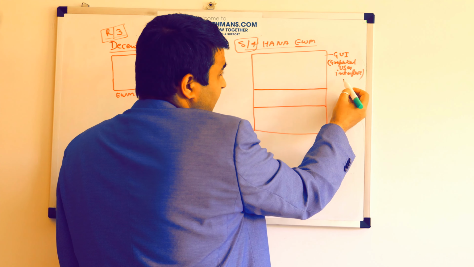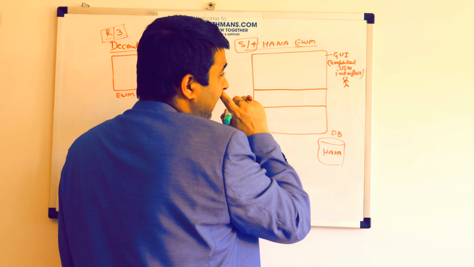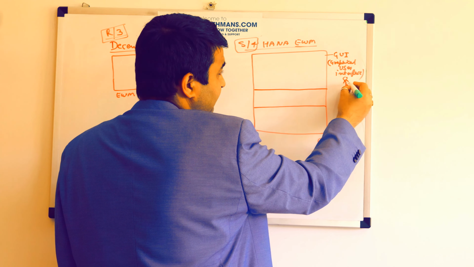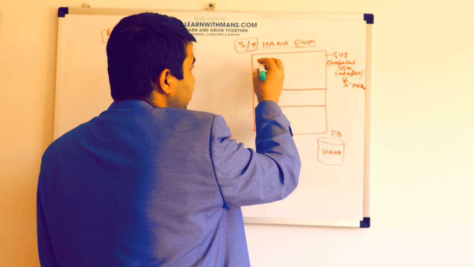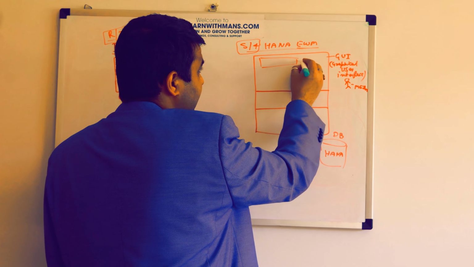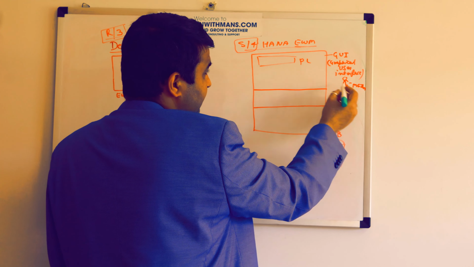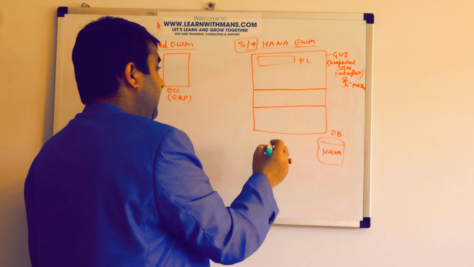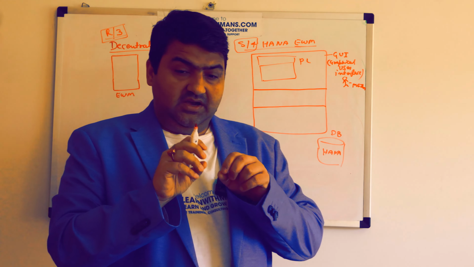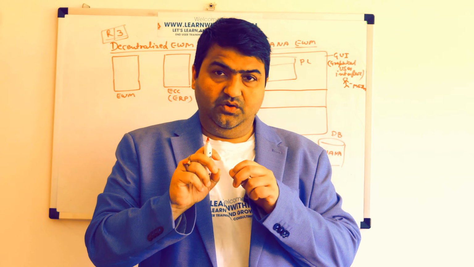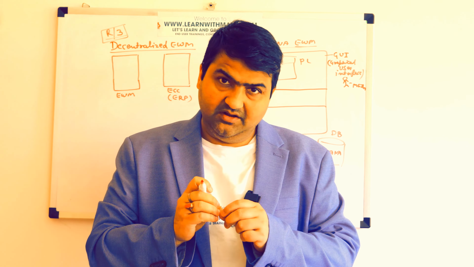Graphical user interface means where we interact and execute the transaction code. Suppose I am going to create the purchase order and I execute it in this layer. This is the presentation layer. We call it GUI, graphical user interface, or presentation layer. When we create the purchase order and save, the system generates the purchase order number.